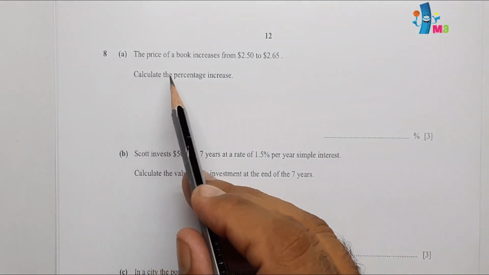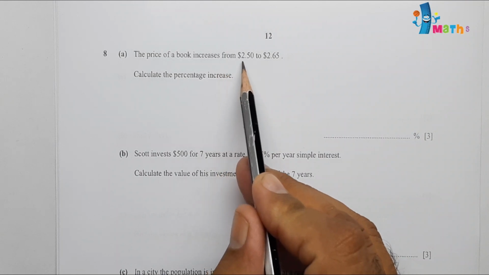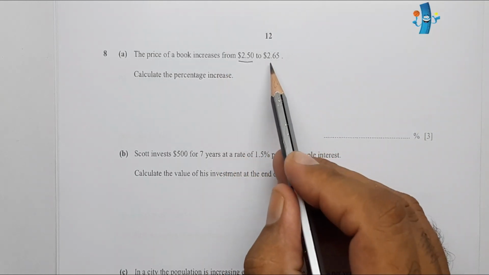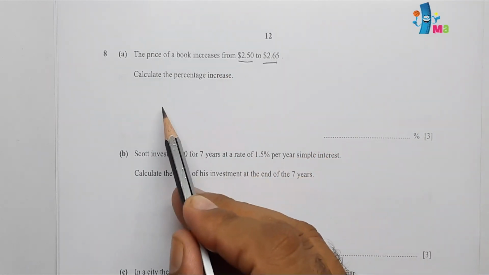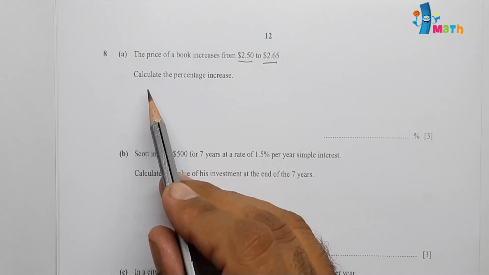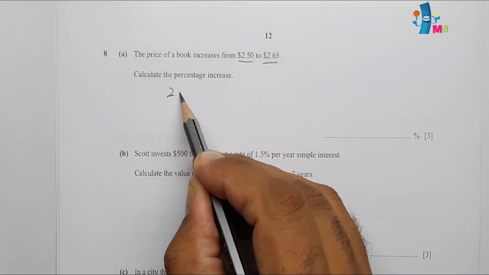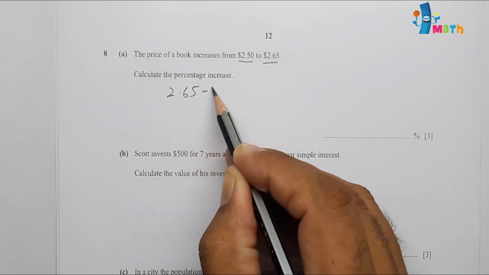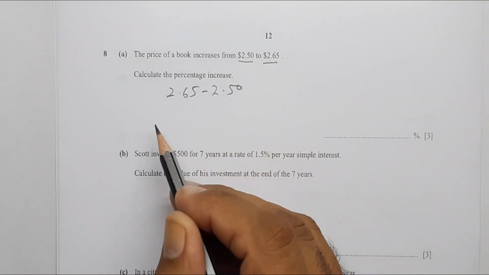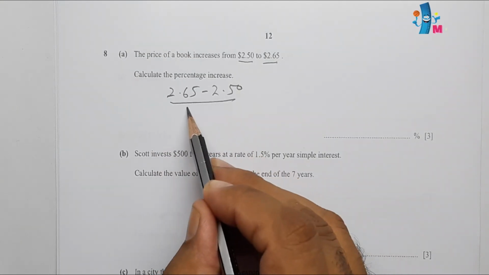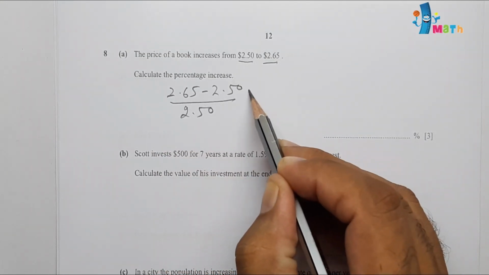Question number 8. The price of a book increases from $2.50 to $2.65. Calculate the percentage increase. So what will be the difference? 2.65 minus 2.50 and divided by 2.50 into 100.